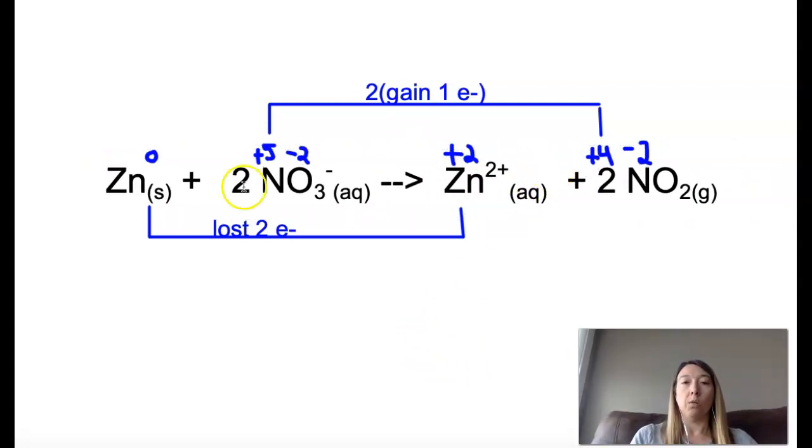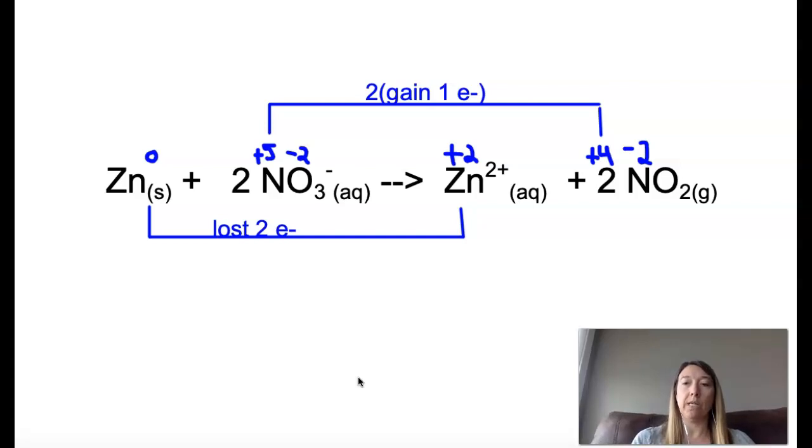Okay, so I'm not going to put any coefficient in front of these zincs. And the reason I'm not putting a coefficient in front of the zincs, I didn't have to multiply by anything, right? We didn't have to say times by something on this linker line. So I'm not going to write anything there. These both get a 2 because I had to multiply by 2. So at this stage, we've taken care of balancing our electrons.